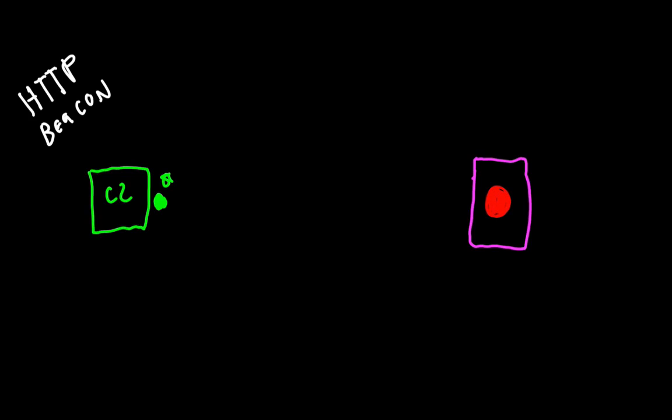Now, let me explain what the HTTP beacon payload is doing. It's beaconing. What this payload will do is connect to the Cobalt Strike C2, and it will make a GET request to some URI.